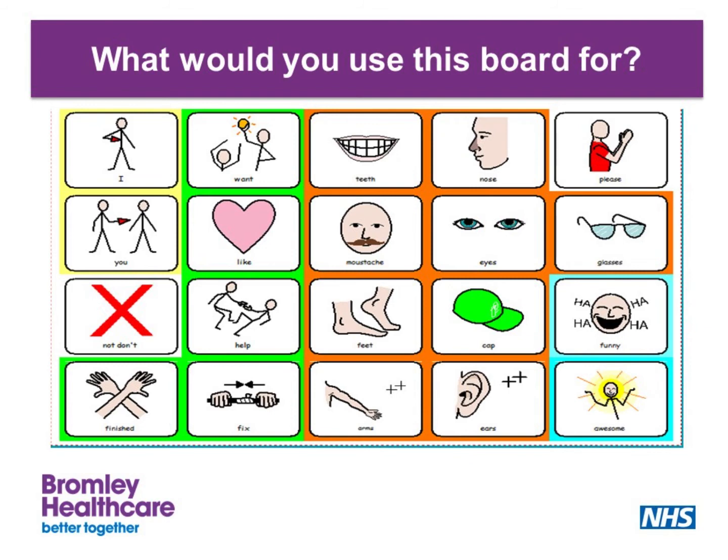So these type of boards are aimed to develop expressive language skills. They can be used to develop understanding of vocabulary, because you're pointing to the words as you're saying them. So it may be that there's words here that they didn't understand, but as you use them a lot, they're going to understand them. So that's activity boards.